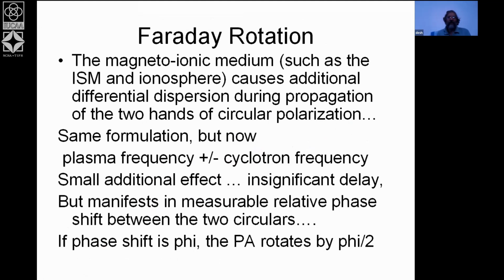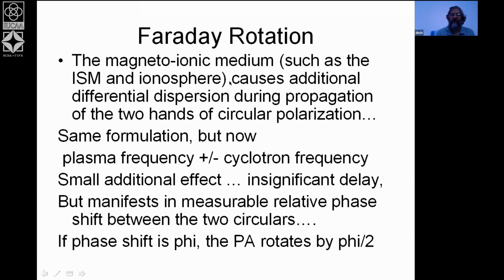So what we are dealing with is not just empty space with a magnetic field, but always a magneto-ionic medium, examples of which are the interstellar medium, intergalactic medium, intracluster medium, intercluster medium, and very close to us, the ionosphere.